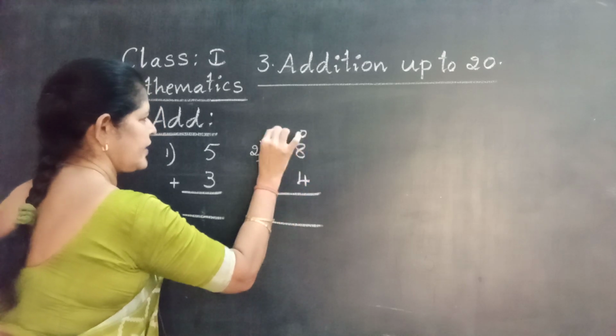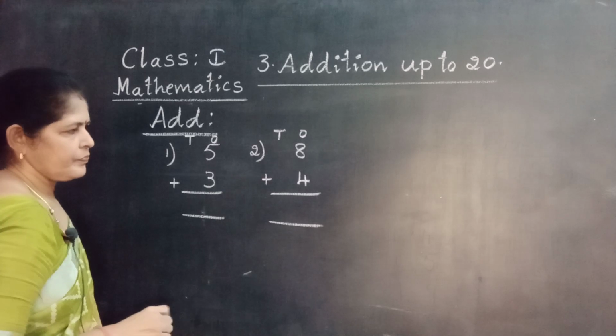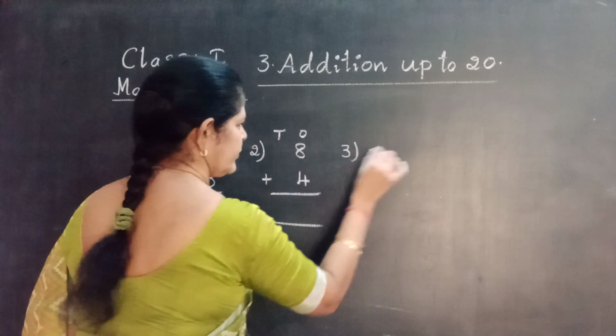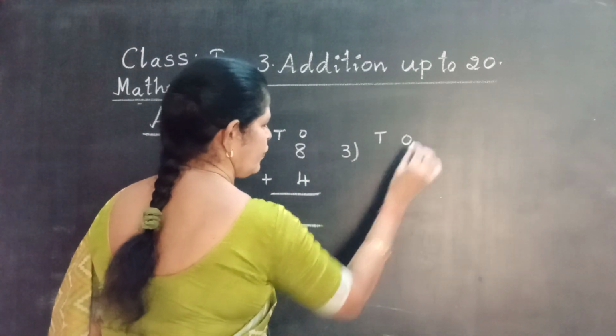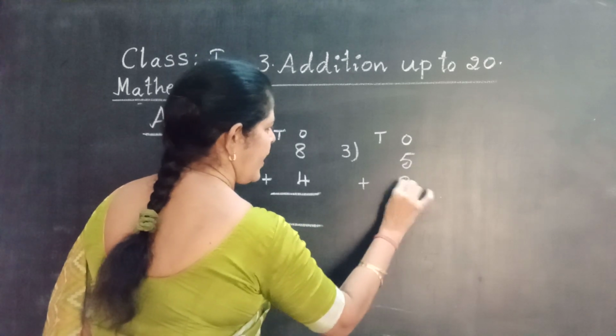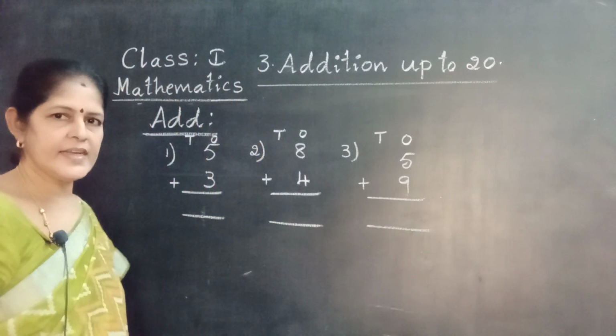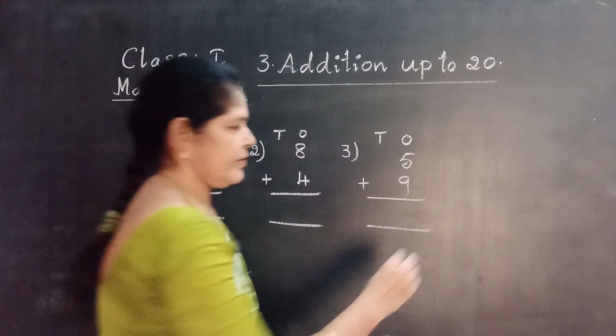Ones place, tens place. Here also. Third one: tens place, ones place. 5 plus 9. Adding one-digit numbers.